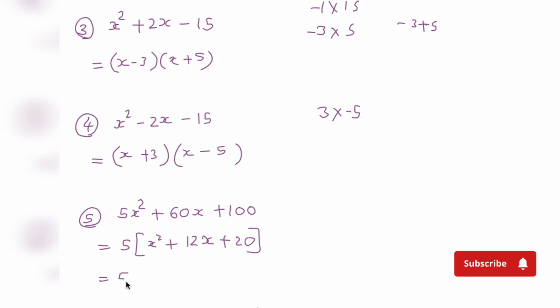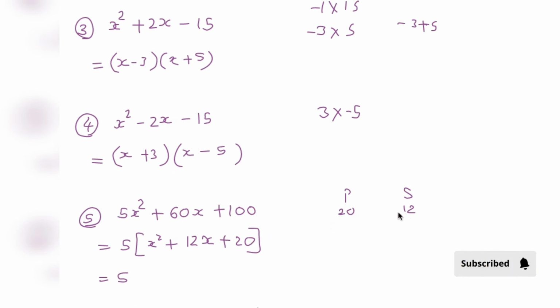Now here, what is the product? The product is positive. I am writing P for product, and the product is 20, and the sum is 12.